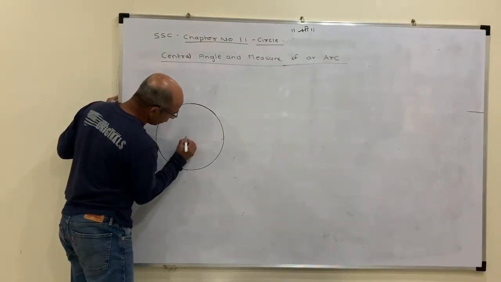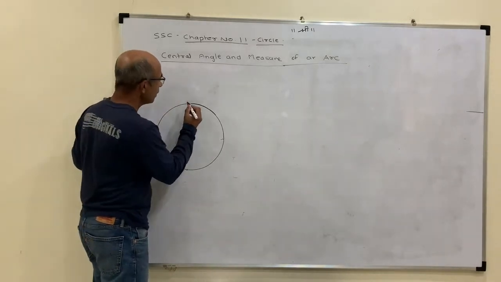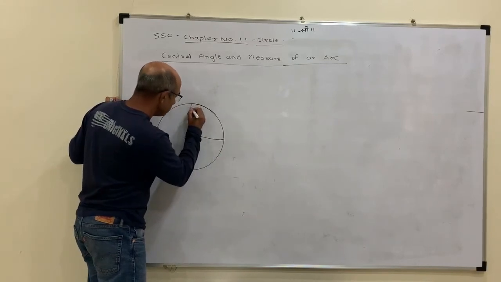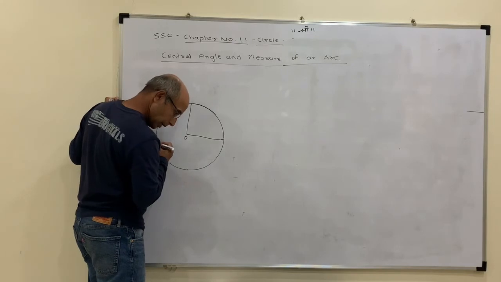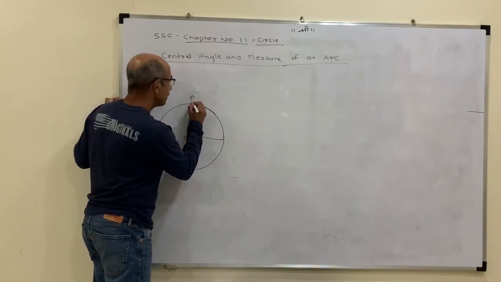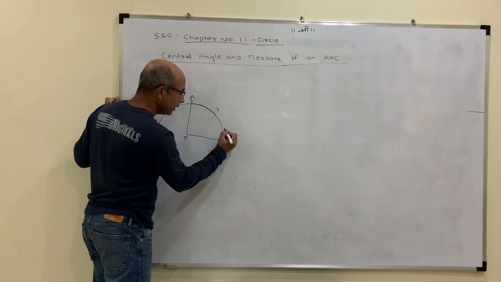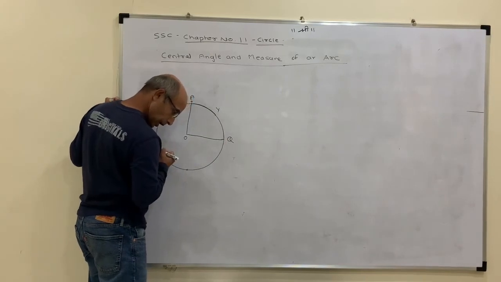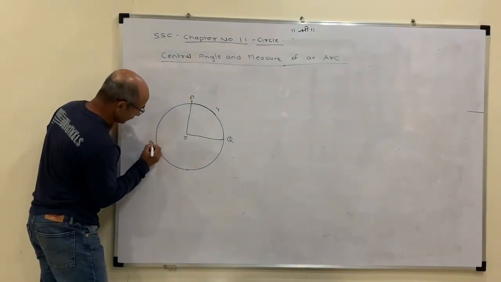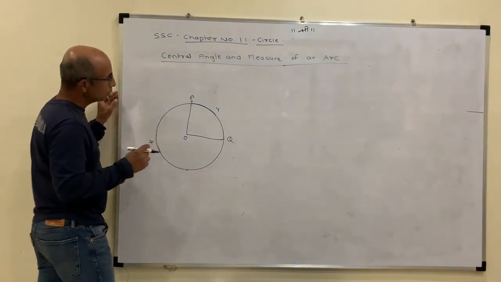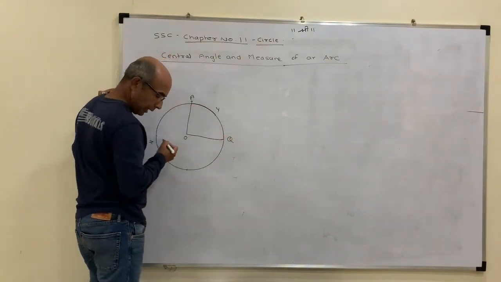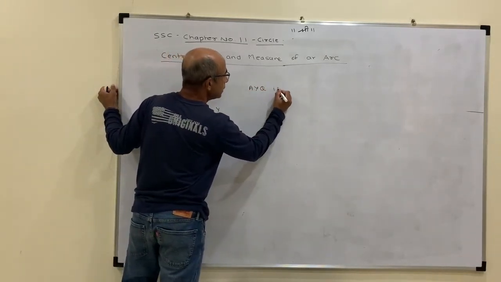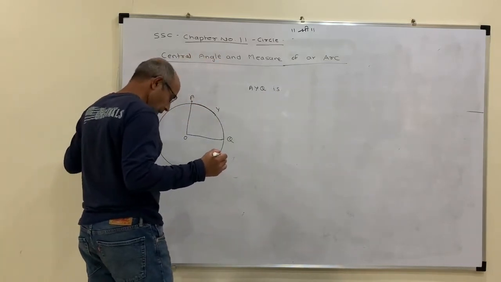This is my center, which is O. Now this is point A, Y, this is Y point, and then I have a Q. And then here I have somewhere X. So this AYQ is a minor arc of a circle.